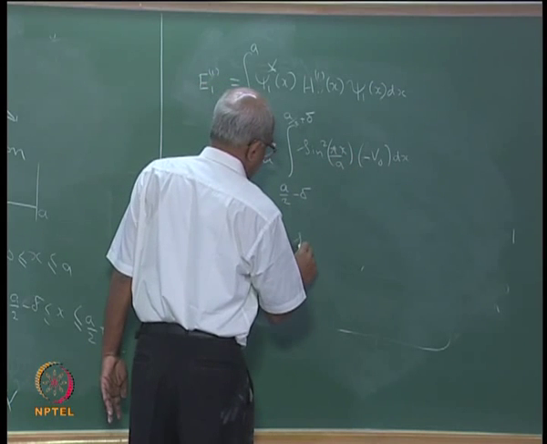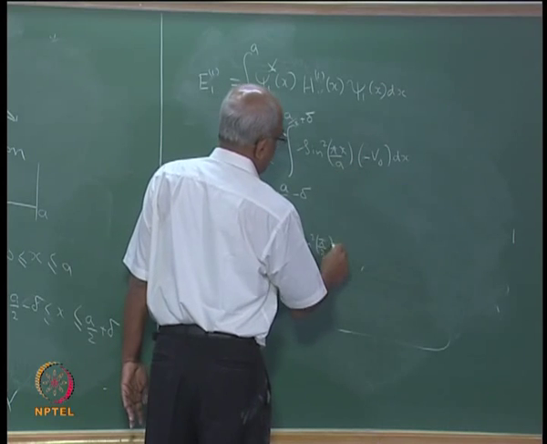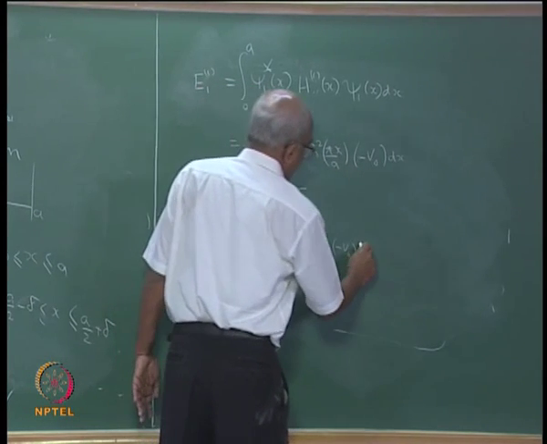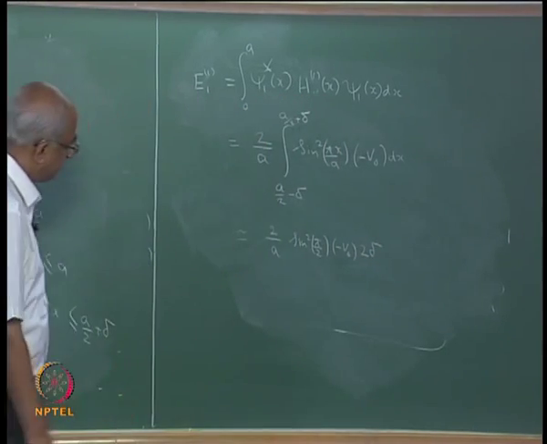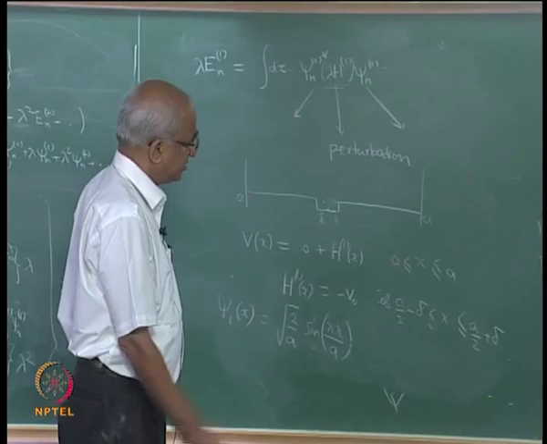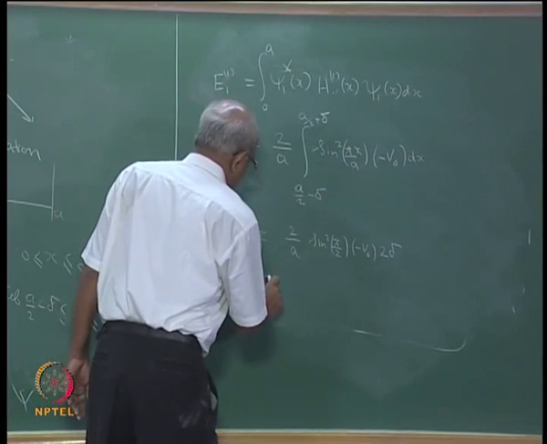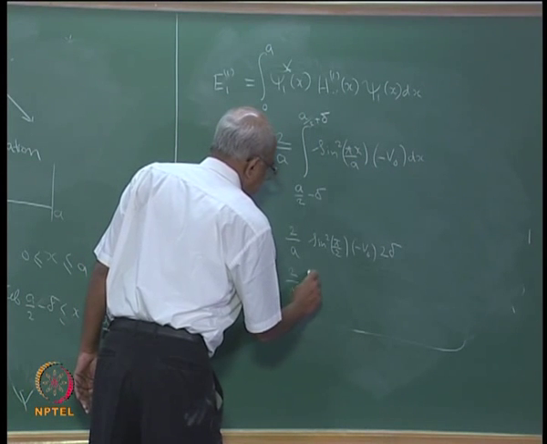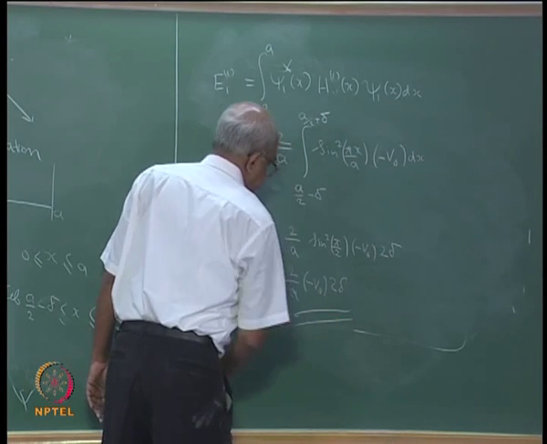So, you will get sine square pi by 2 into minus V0 into, if you did the integral, 2 delta. I wonder whether I am going fast, but this is a simple calculation. So, you will get 2 by A into minus V0 into 2 delta as the answer.